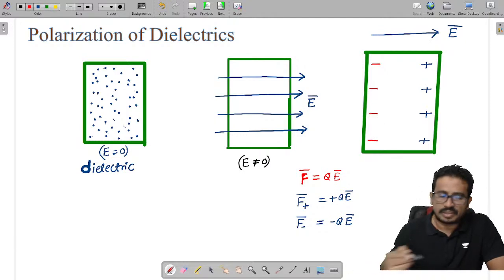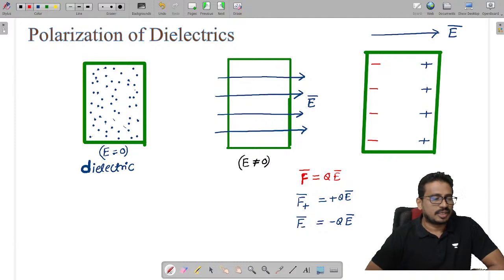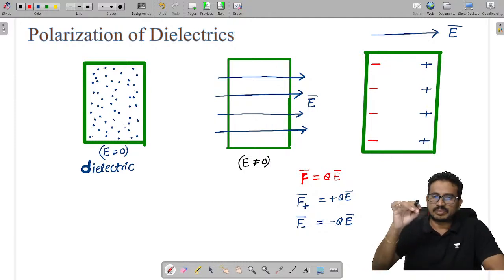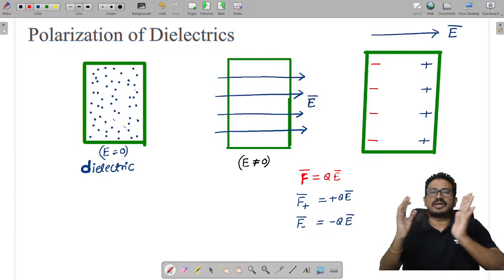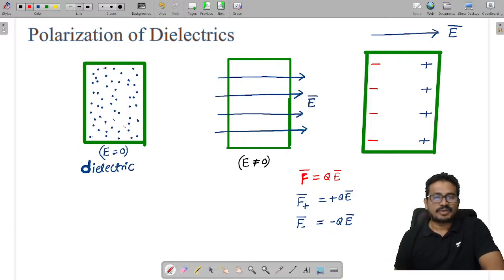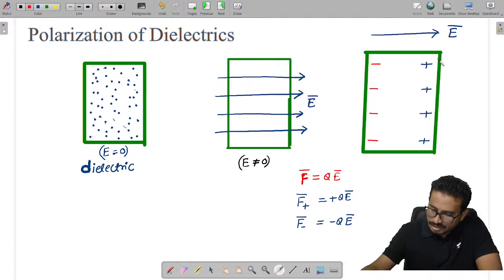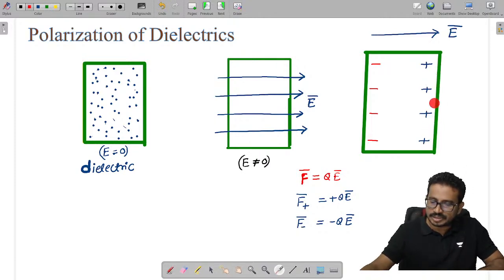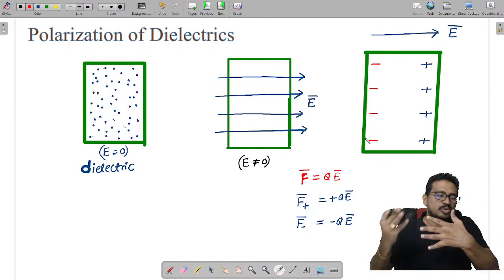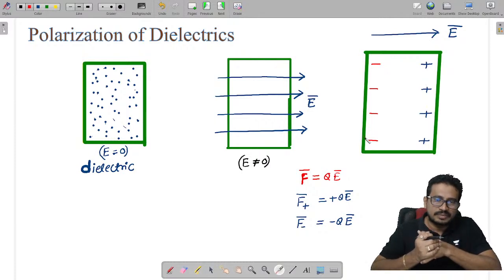For understanding I have shown only a few charges, but there is a huge number of charges. So on this side only positive charges will come, and on this side negative charges will come. Inside we have many other charges.